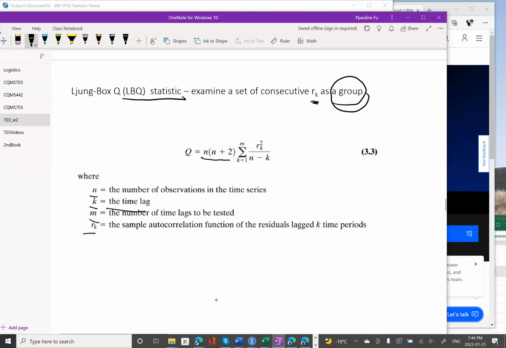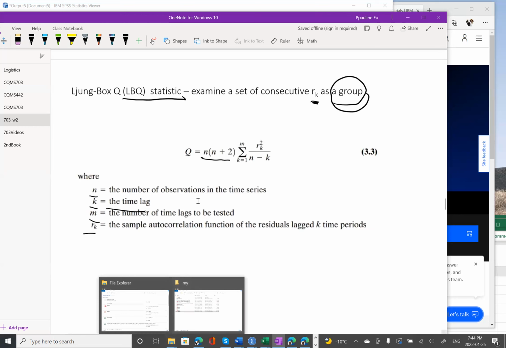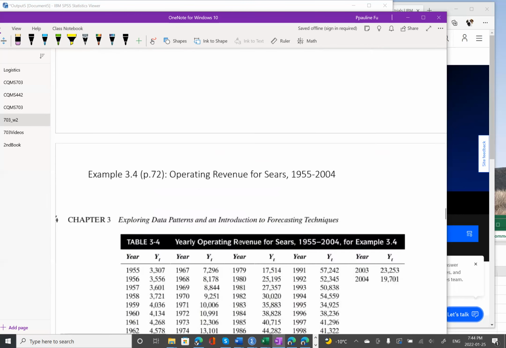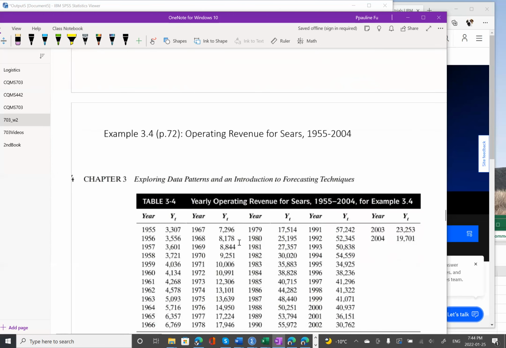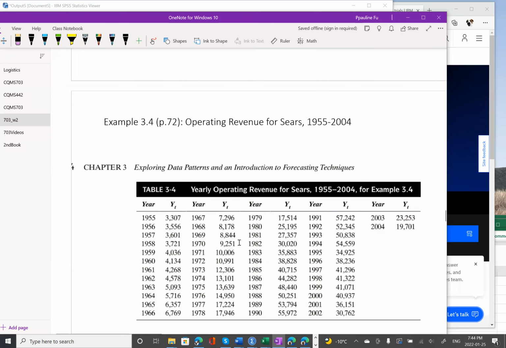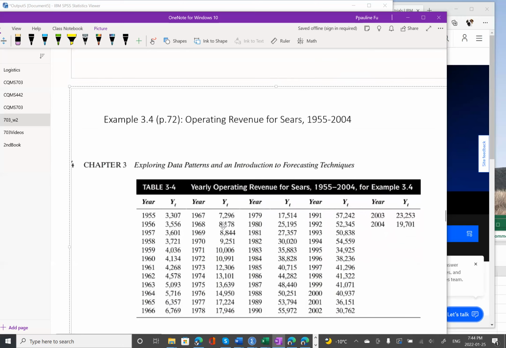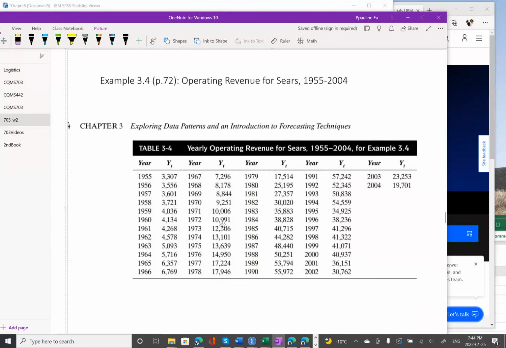So next, let's take a look at some examples. This is example 3.4. It is about operating revenues for sales.